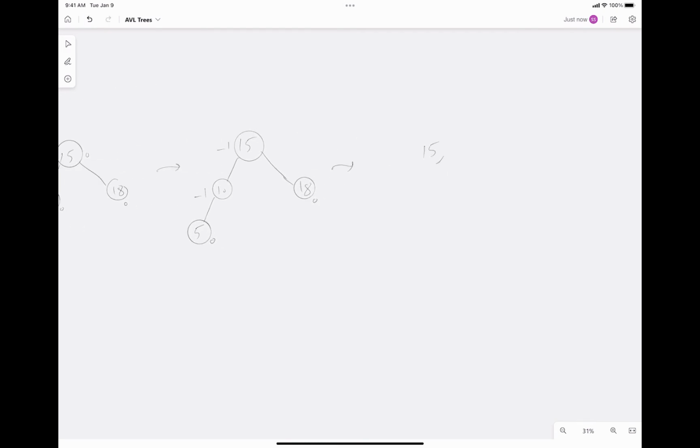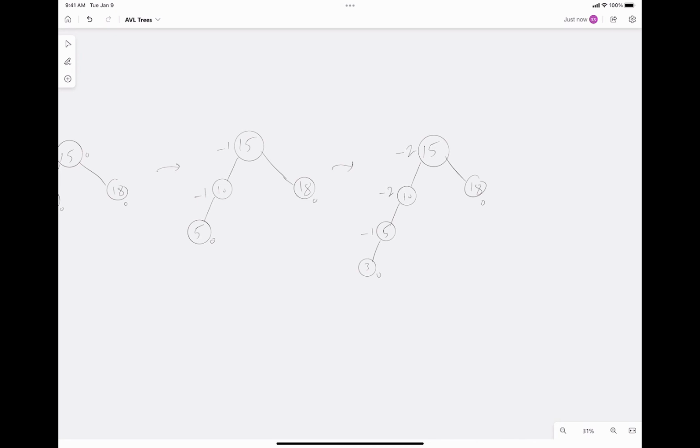So I'm going to have 15 here, then 18, then 10, then 5, and then 3. The balance factor for 3 and 18 is 0 again, because both of them are leaves. For 5 it is -1, for 10 it is -2, and for 15 it is also -2.